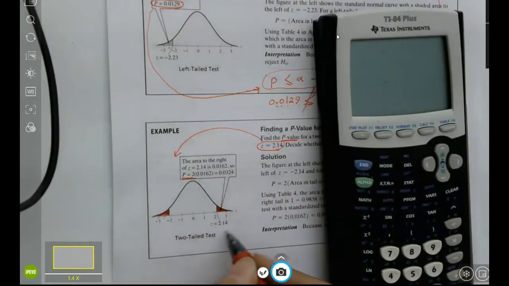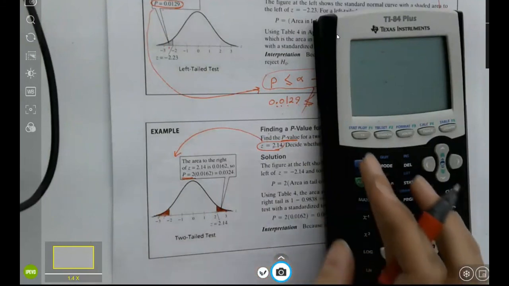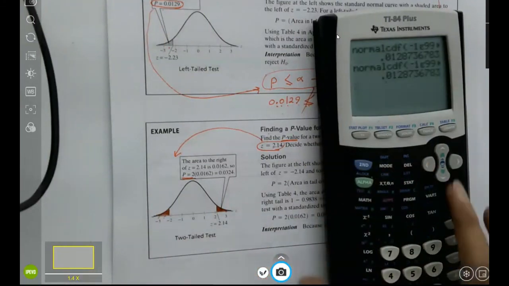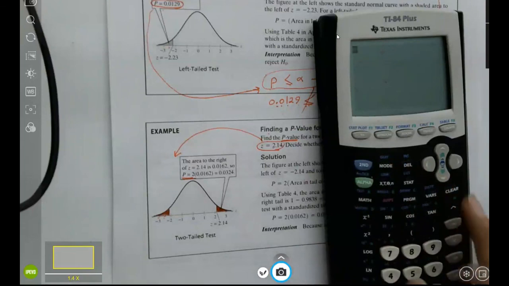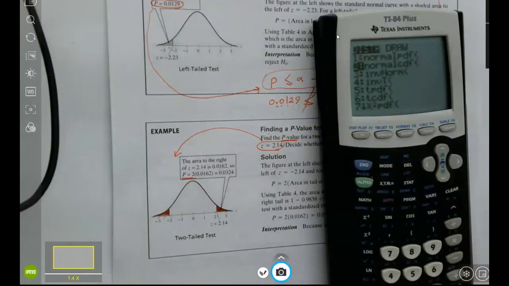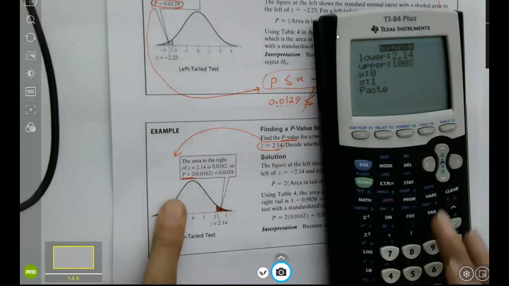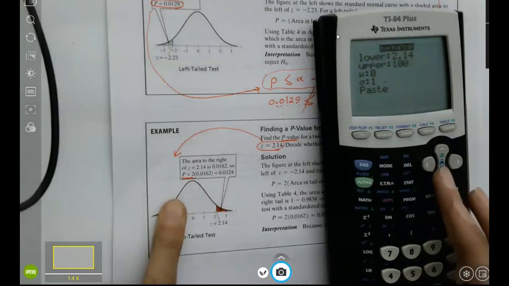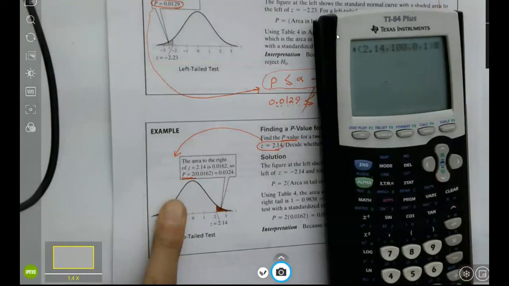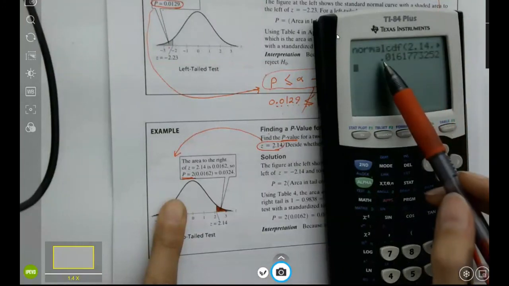Since I have z equals 2.14, turn on your calculator, second, vars, normal CDF. Your lower limit is 2.14. The upper limit, you can use any positive number. Let us write 100. Mean is 0, sigma is 1. Let us calculate that.